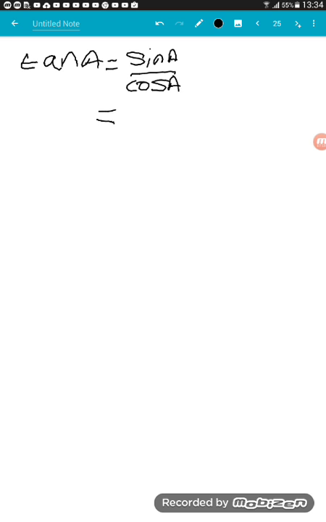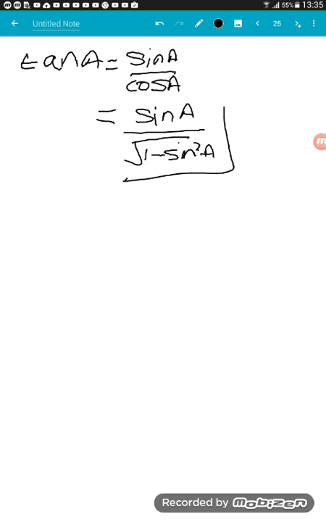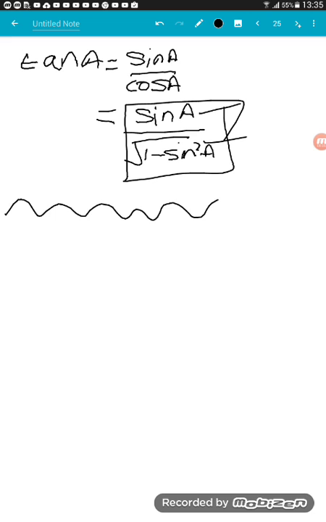So we will write it as sin a by root 1 minus sine square a. So in this way sin a is there, and we found cos a and sec also. This is how you should do this type of question.